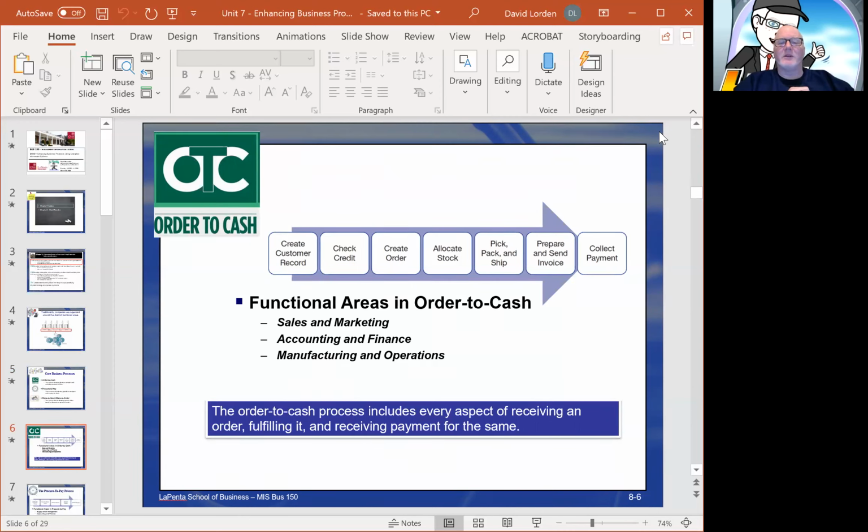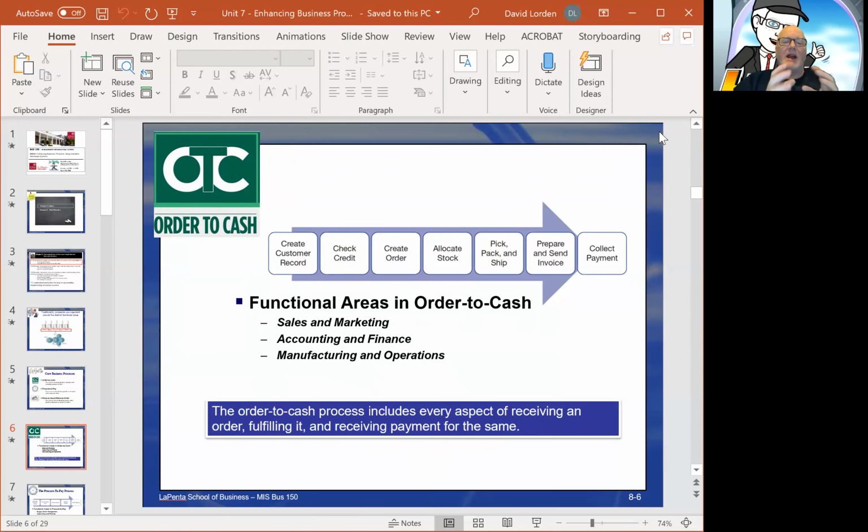You would create the order. You'd allocate the stock. So you would go find if you had it in-house. You have what's called pick, pack, and ship, which happens in the 4-wall distribution center. You would then ship it to the customer, prepare an invoice, and it would become an accounts receivable, and then you would ultimately collect the payment from that customer.